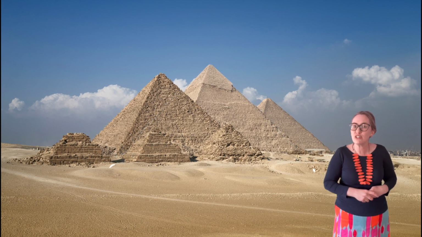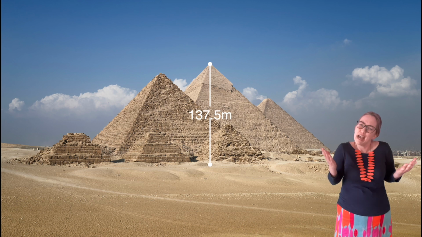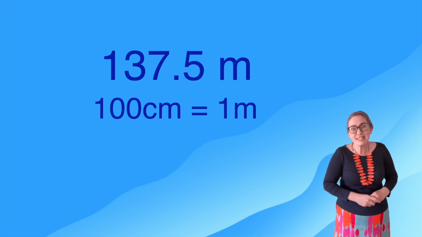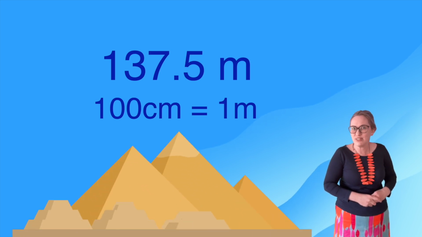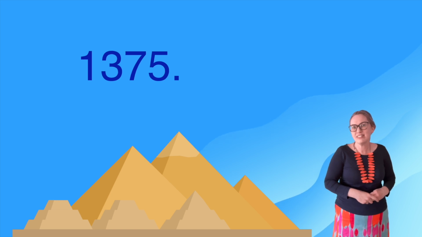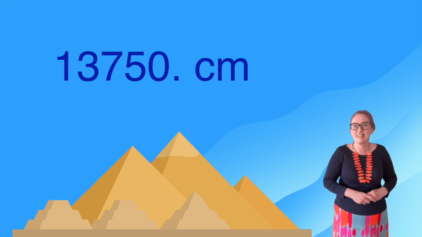It is 137.5 metres high. How many centimetres would that be? There are 100 centimetres in 1 metre, so we move our numbers 2 places to the left to show 13,750 centimetres.